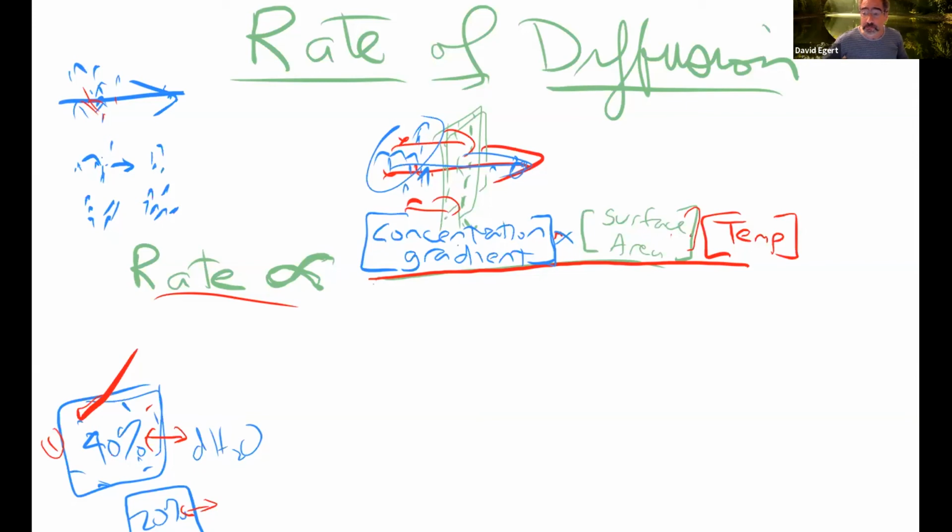So higher temperature is also going to be positively correlated with a faster diffusion rate. What other things? If you read ahead in your lab for today, the demos of diffusion, you'll know.